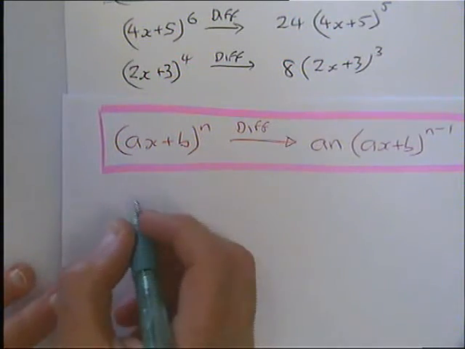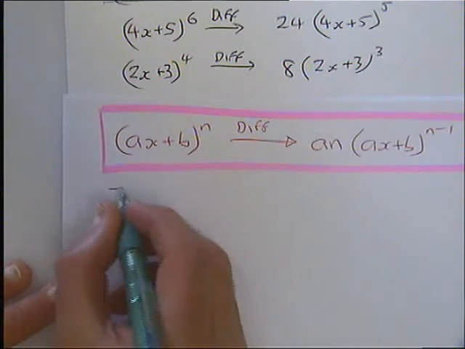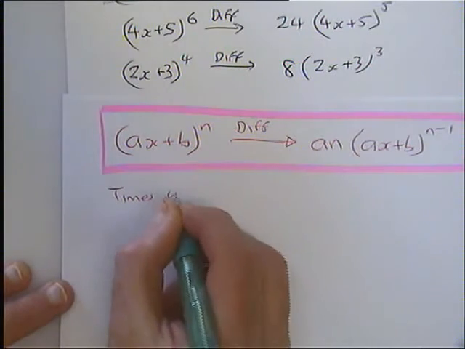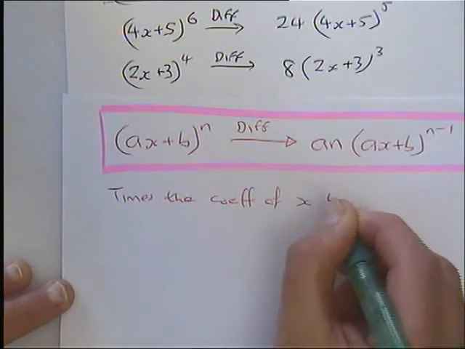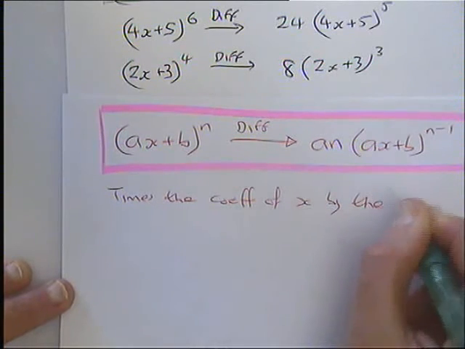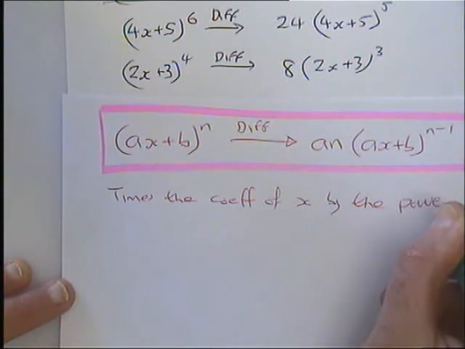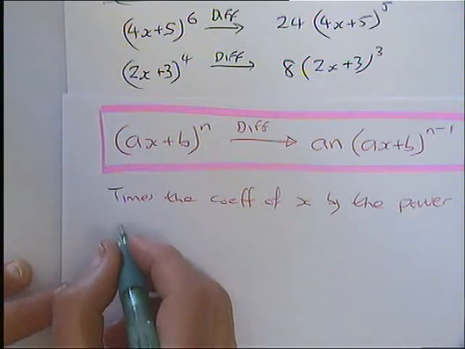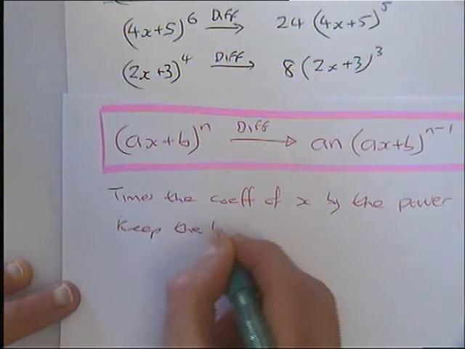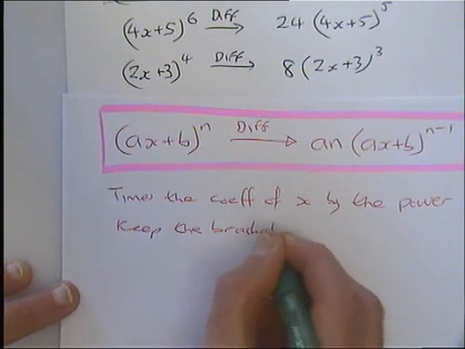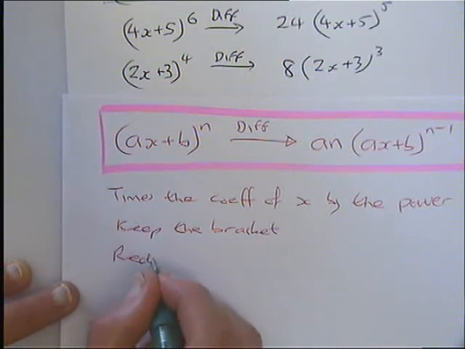So, if I write that down in words, what we have done is we times the coefficient of x by the power, and that's what goes at the front. Then we keep the bracket as it is, and then we reduce the power by 1.